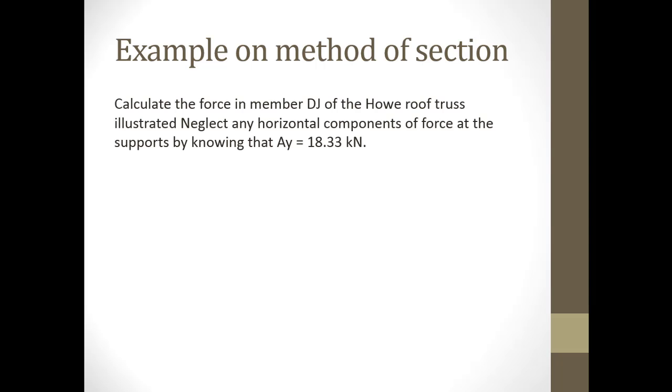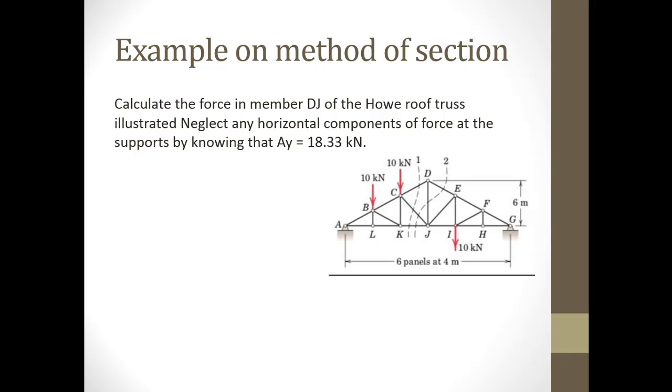And I'm going to take an example on the method of sections. The example says: calculate the force in member DJ of the Howe roof truss and illustrate it. Neglect any horizontal components of force at the support, knowing that Ay is equal to 18.33. So I want this member, which is DJ.